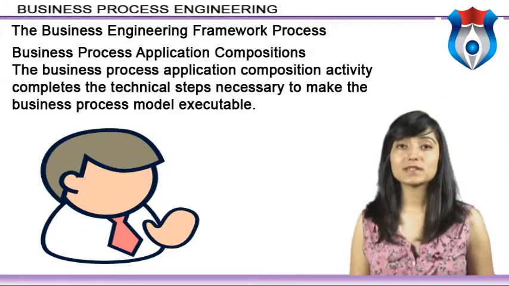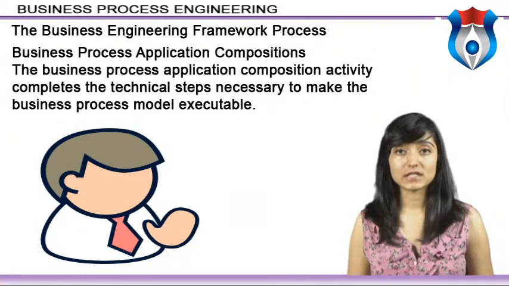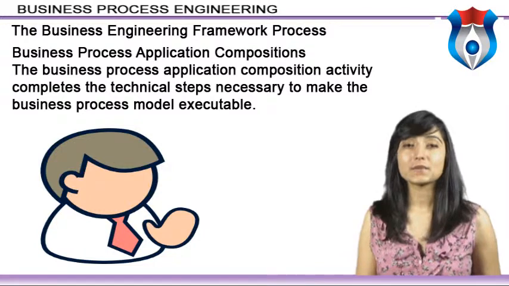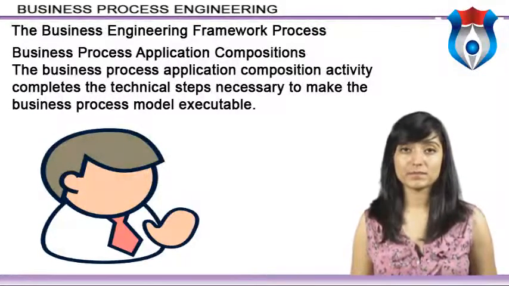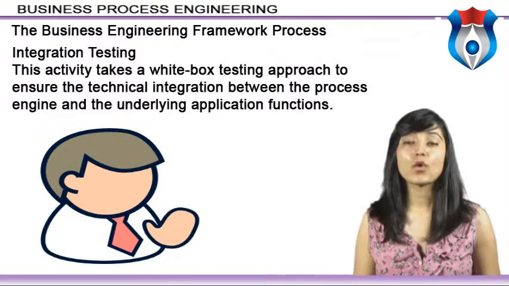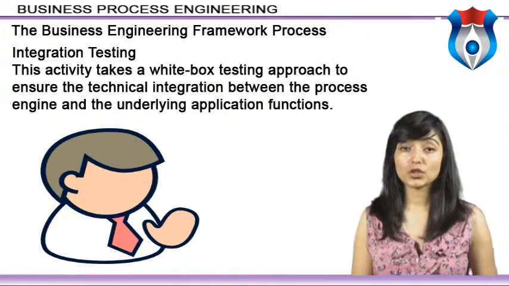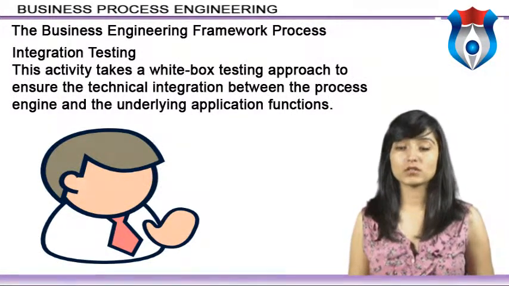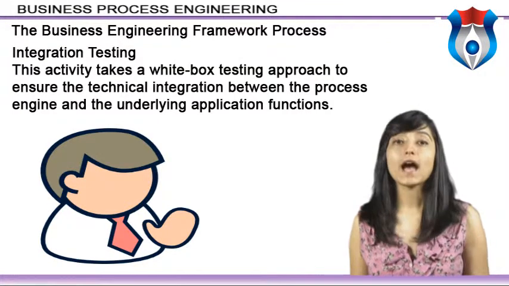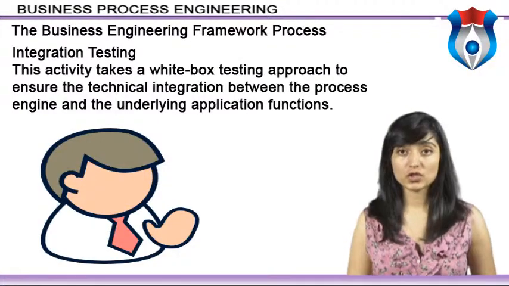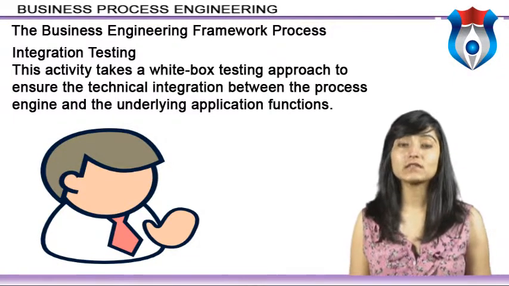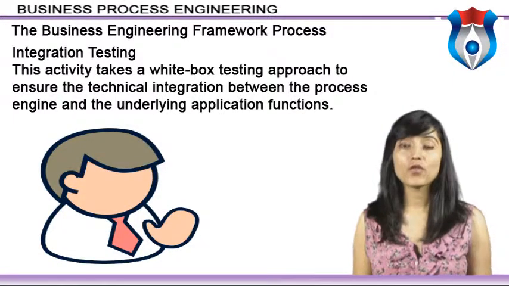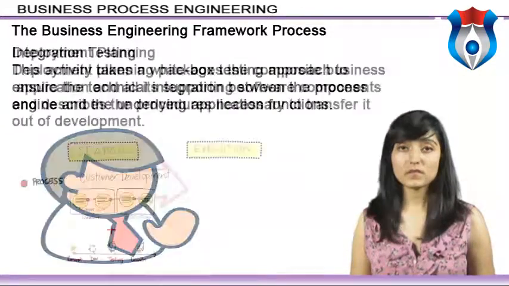The business process application composition activity completes the technical steps necessary to make the business process model executable. This activity takes a white box testing approach to ensure the technical integration between the process engine and the underlying application functions, information services, and various other external data and systems performs appropriately.